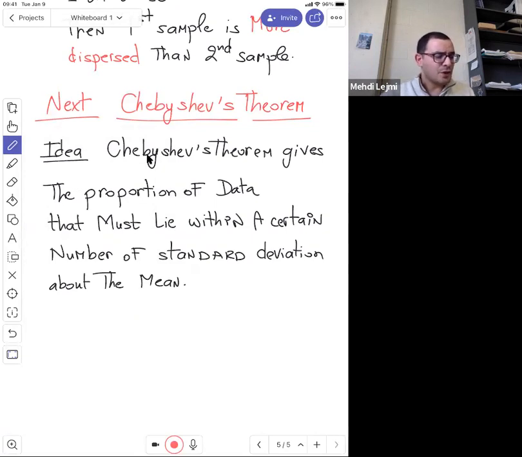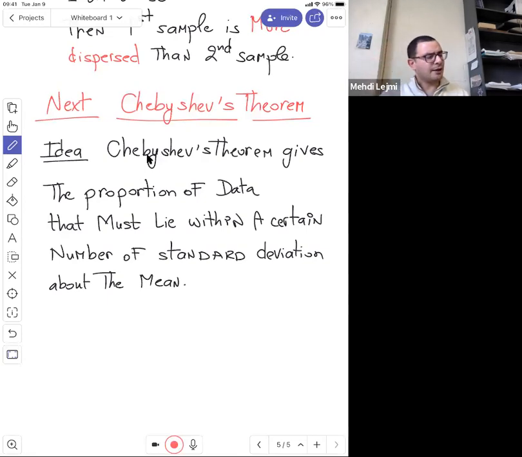Again, we're going to use the standard deviation to measure the distance from your data values to the mean.